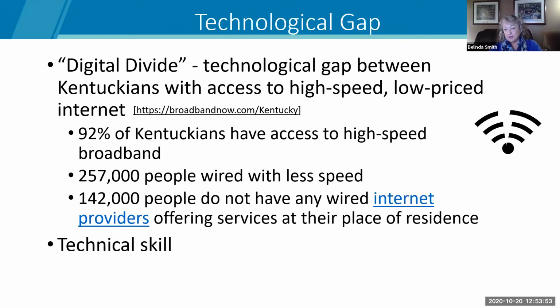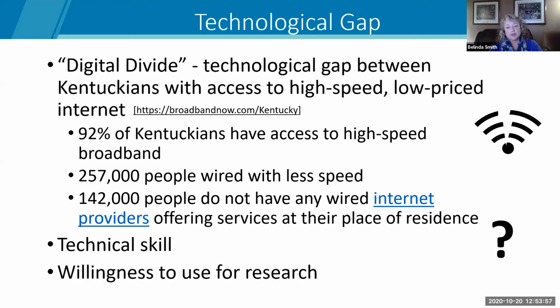Also, technical skill could be an issue with some subjects, as well as their willingness to use limited data for research purposes. So just keep this in mind and think about what you might need to describe in your IRB application for these kinds of contingencies to recruit from these areas that have this issue.